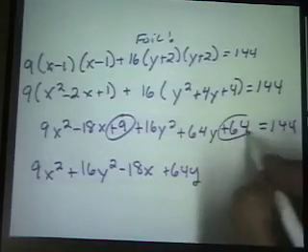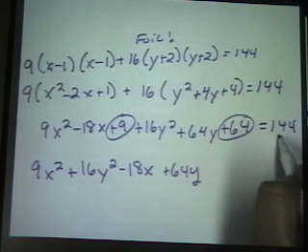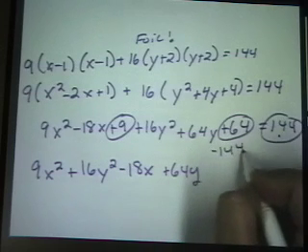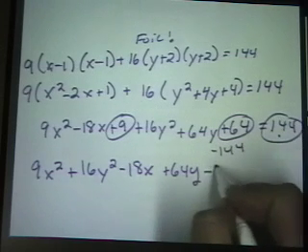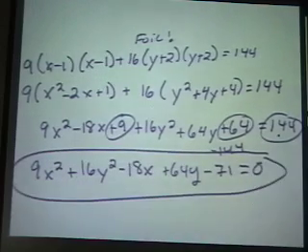Positive 9 plus 64, and then I'm going to subtract 144 over. Once I subtract 144 over, I'm going to get a negative 71, and I'll set it all equal to 0. So there's my answer for number 1. Kind of a long answer in standard form.